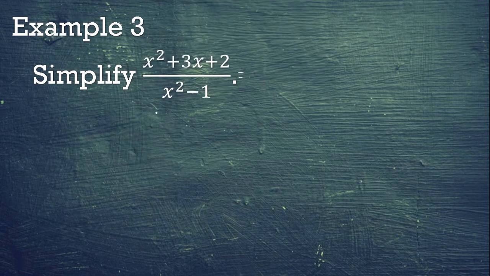Example number 3. In this example, we will use the concept of factoring polynomials. So here we have x squared plus 3x plus 2 and x squared minus 1. For the first group, our numerator, we can factor it because this is a general trinomial.